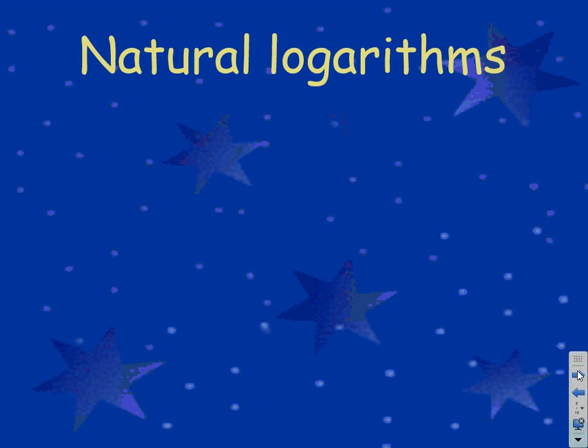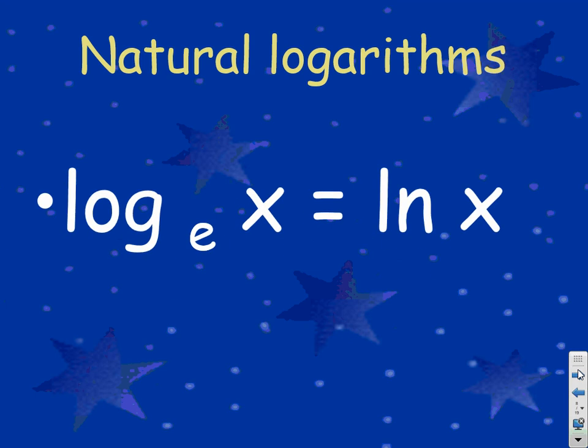Okay, natural logarithms. This is your second button on the calculator that you'll need, the LN. Now, the thing that changes here is your base. So far, in order to use the log button in your calculator, your base has to be 10.